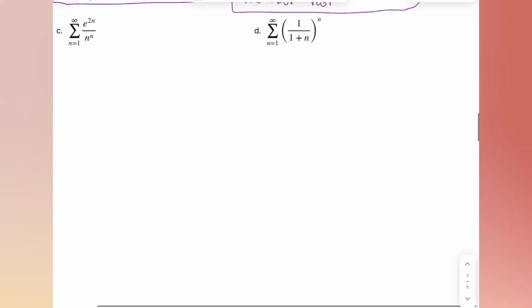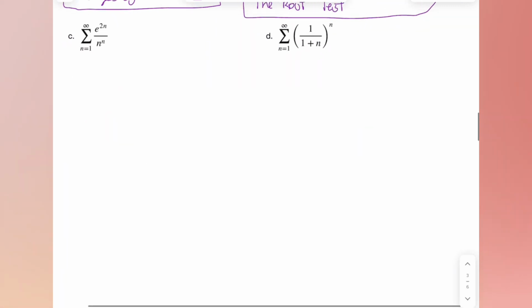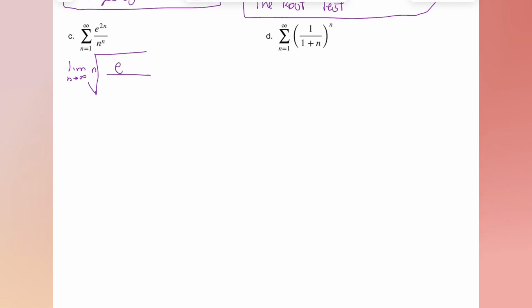Okay, looking at example C, we have the summation of n equals 1 to infinity of e to the 2n over n to the n power. So we're going to do our root test. We've got the limit as n goes to infinity of the nth root of the absolute value of our a sub n term. And then we're going to break up that nth root to our numerator and denominator and simplify down. I'm going to just do this in a step.